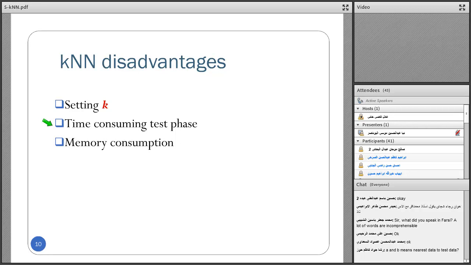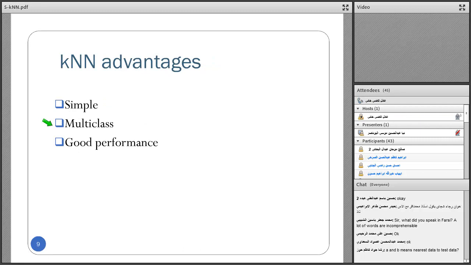When we have a lot of training data, for example 100,000 training data, and then we want to classify the test data, we have to find the distance between the test data and all of the training data. So this is very time consuming. These are the disadvantages of KNN.